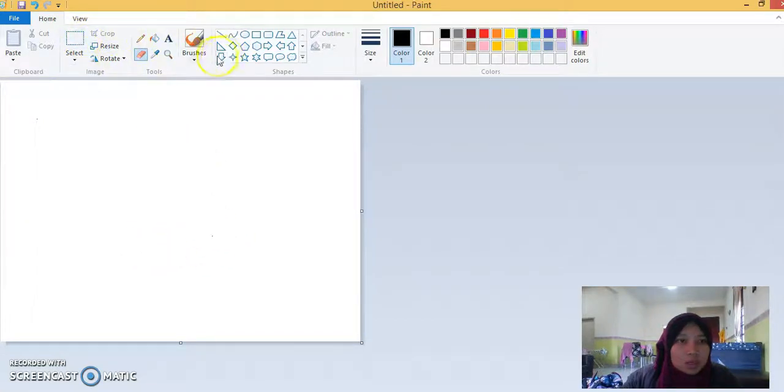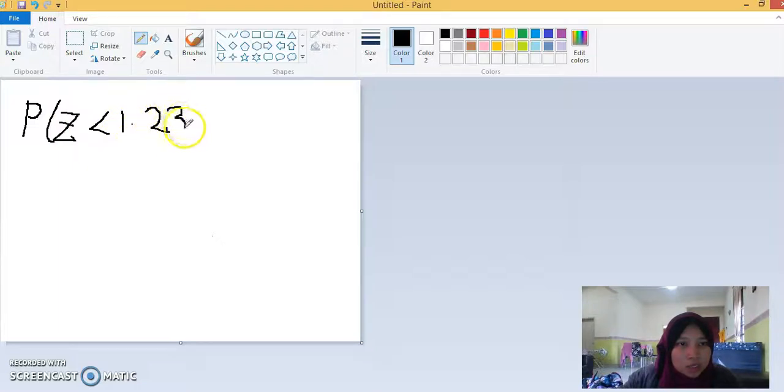Let's say that you want to sketch the distribution of z less than 1.23.